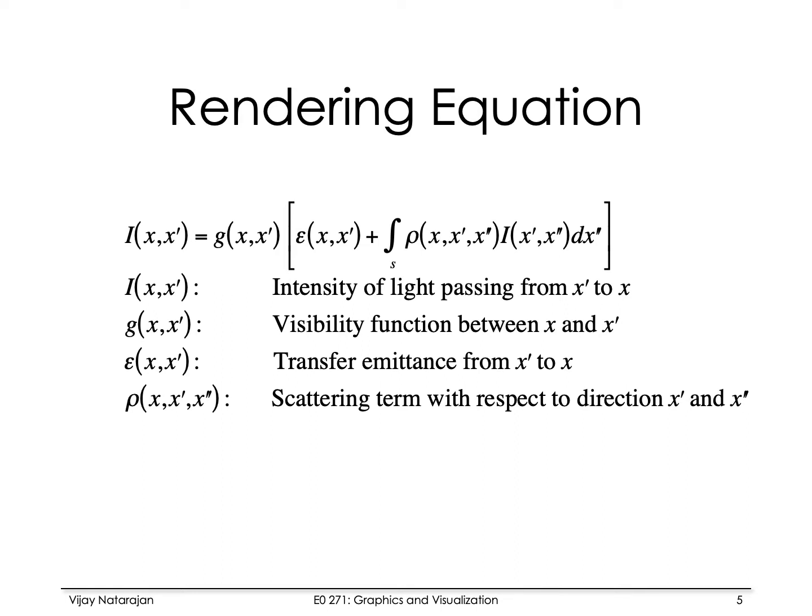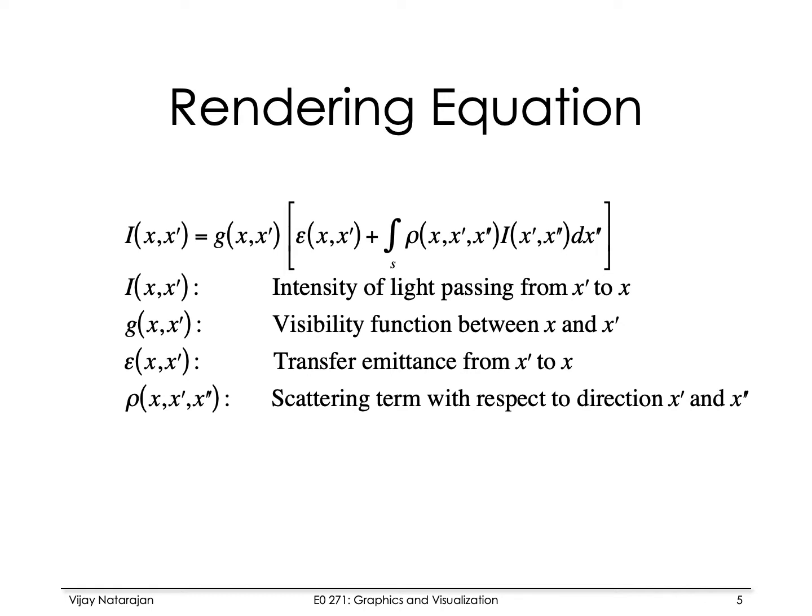So x is the point that we care about. So let's say this is the light at a particular pixel, and we want to find out how much of this light comes from a particular point x prime. How do we calculate this?